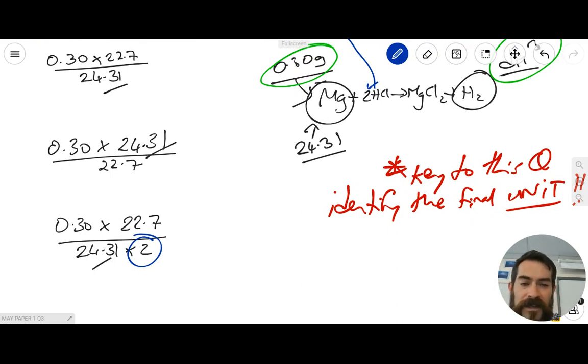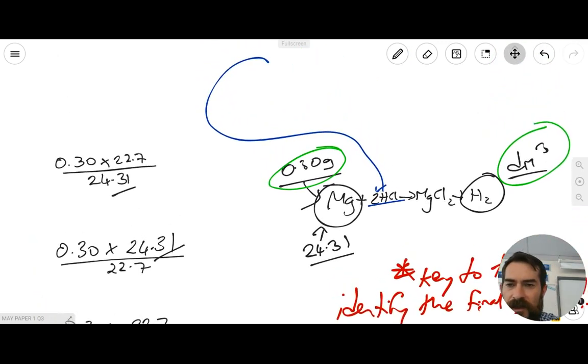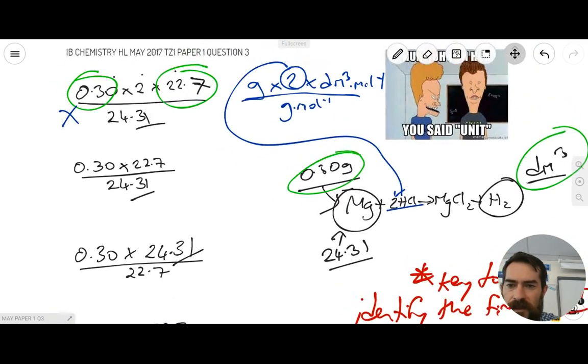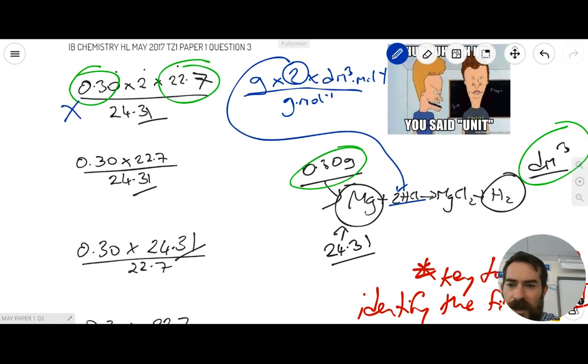Again, that's relating to the hydrochloric acid, so we can eliminate that equation very quickly too. So now we're focused on just 2 possible equations, option B or option C.